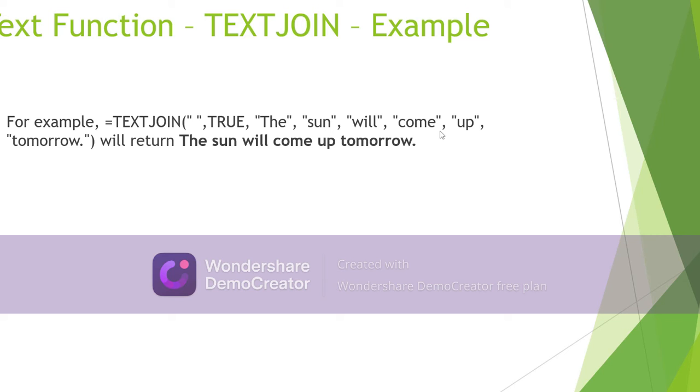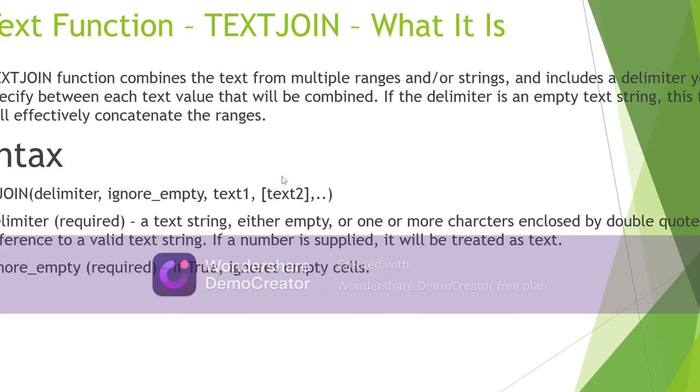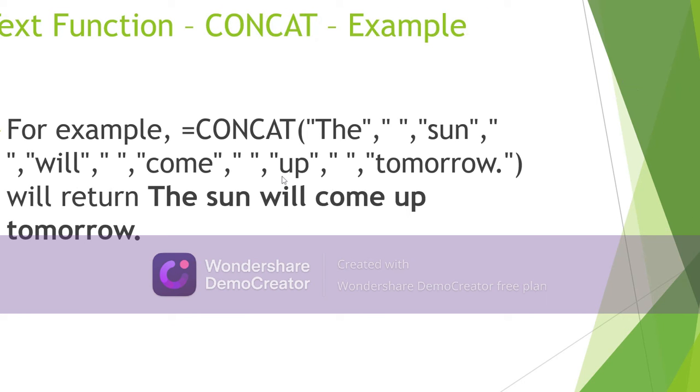Now, let me point out something that is distinctive between both concat and TEXTJOIN. If we can go back, I want to show you what I'm talking about. The distinguishing factor between the concat and TEXTJOIN functions is the way these arguments are split up.